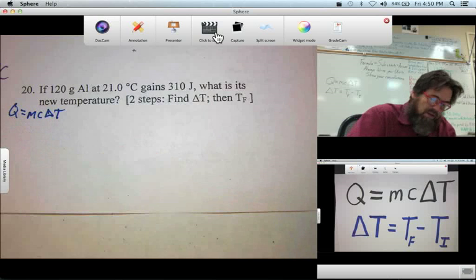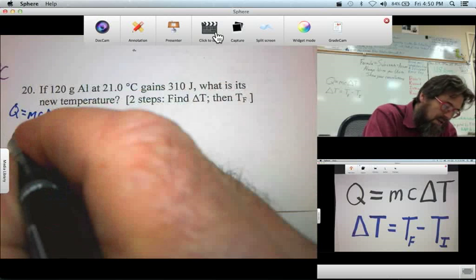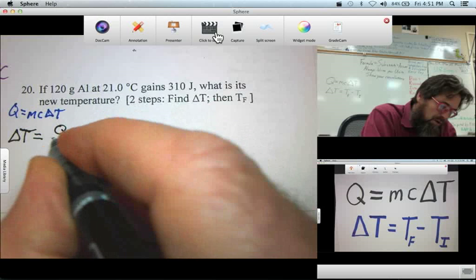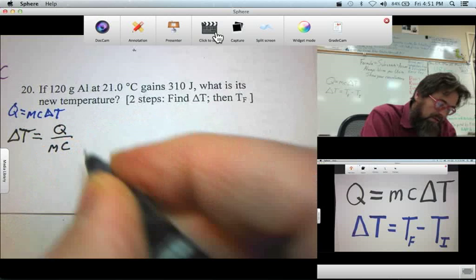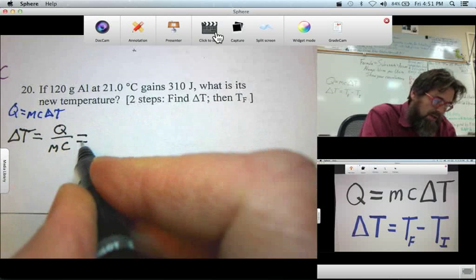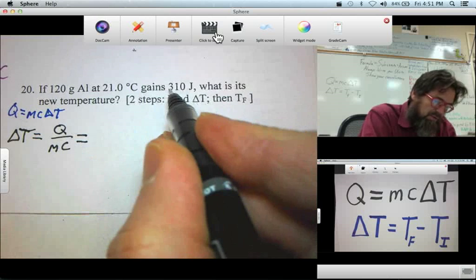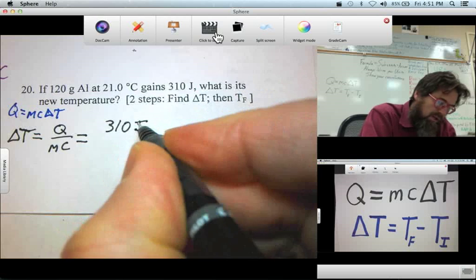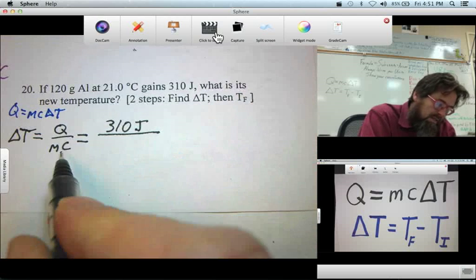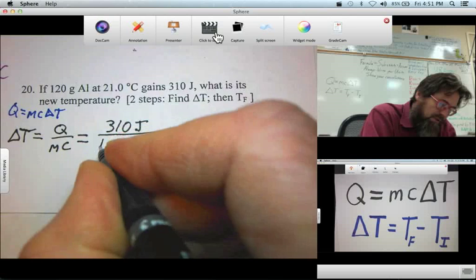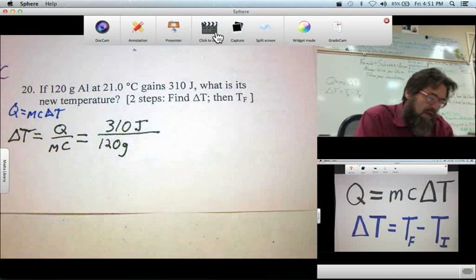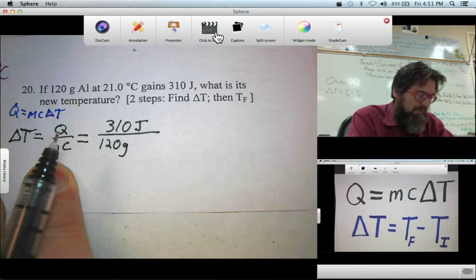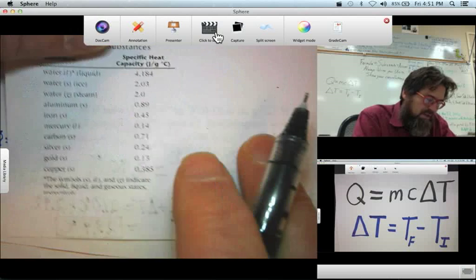Let me switch colors so that our equations don't run in together. Delta T equals Q over mc. Formula equals substitute. What's Q? Positive 310 joules. What's the mass? 120 grams of aluminum. And C, specific heat of aluminum? We'll have to look that up. We're using joules, so this table is in joules.